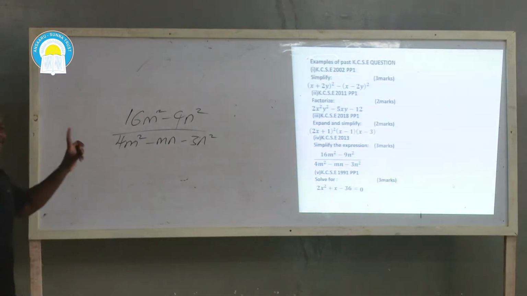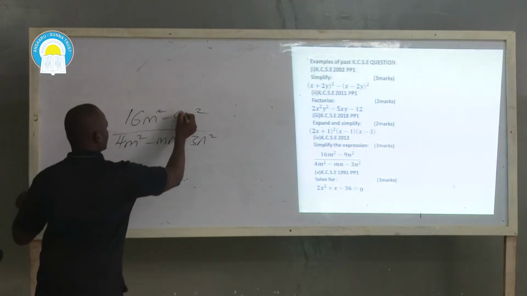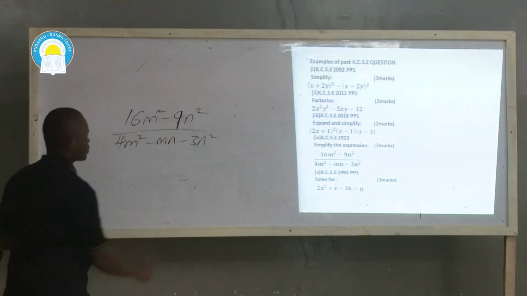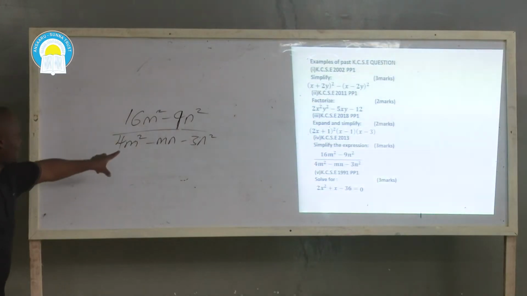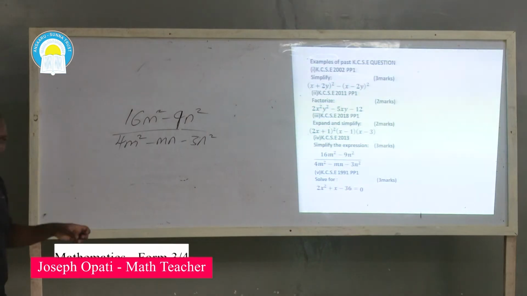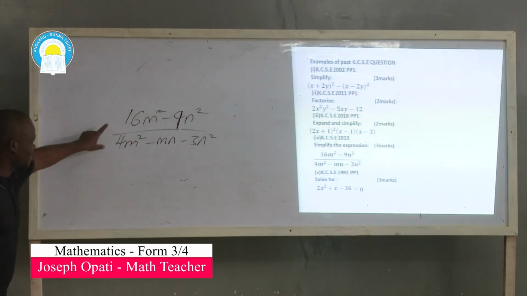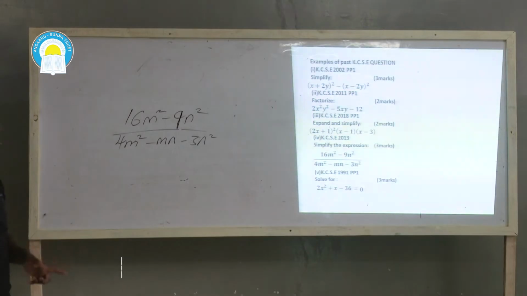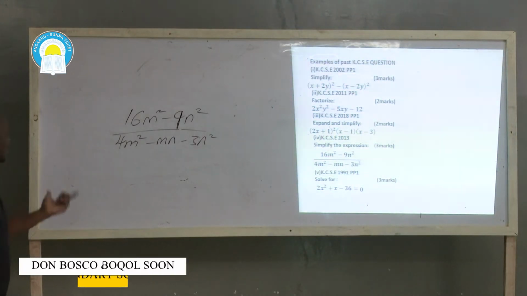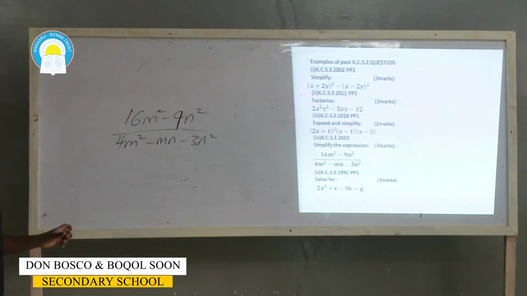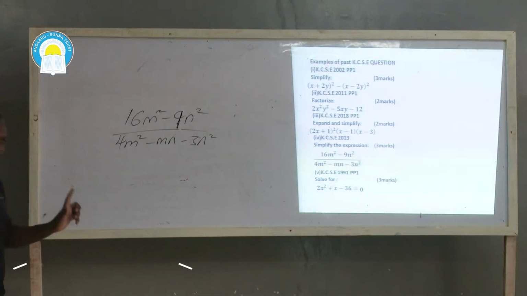The question was simplify 16m squared minus 9x squared over 4m squared minus mn minus 3n squared. Meaning what? This is an expression. But now you're saying it's a very common mistake. You give a student such a question, they end up with something like n is equal to 4, n is equal to 6. That is wrong. We are saying for an expression, that should not be the end result. Are we together?